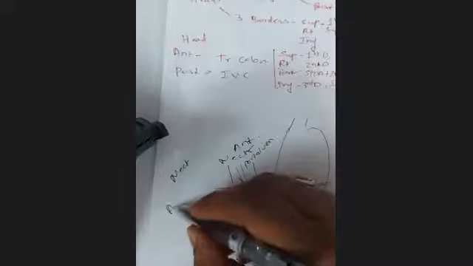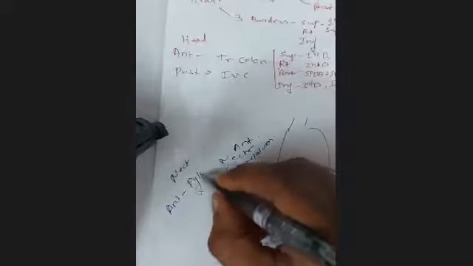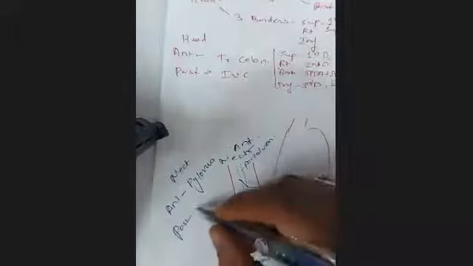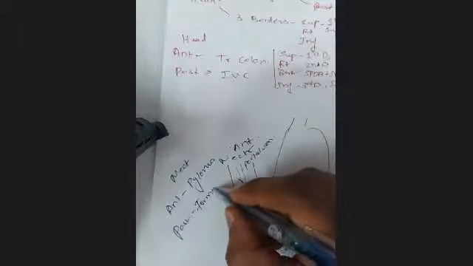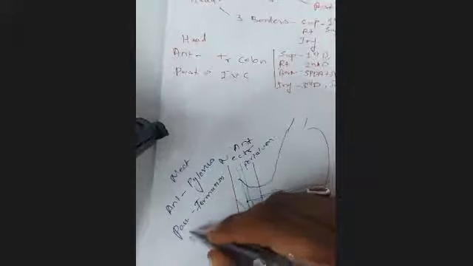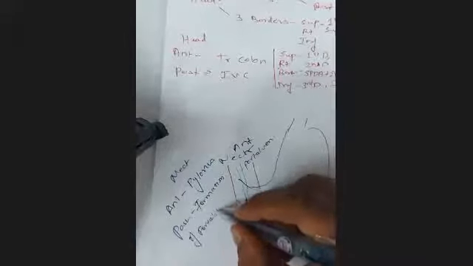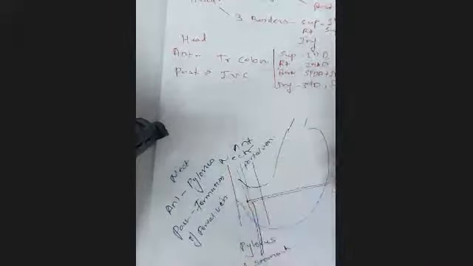That means the neck of the pancreas is anteriorly related to the pylorus and posteriorly it is related to the formation of the portal vein. Okay.